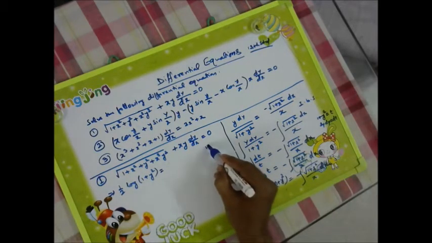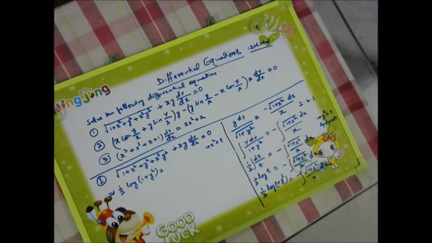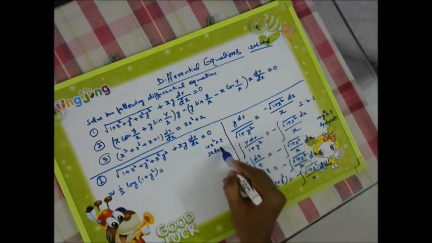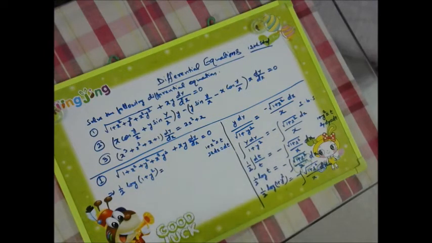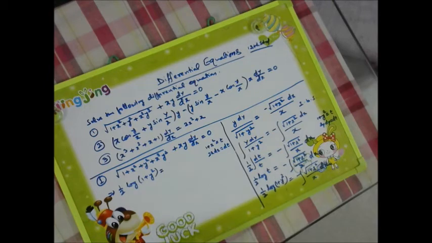Here we will be considering 1 plus x square is equal to t. Okay. So 1 plus x square we will consider as t, and it will give us 2x dx is equal to dt.